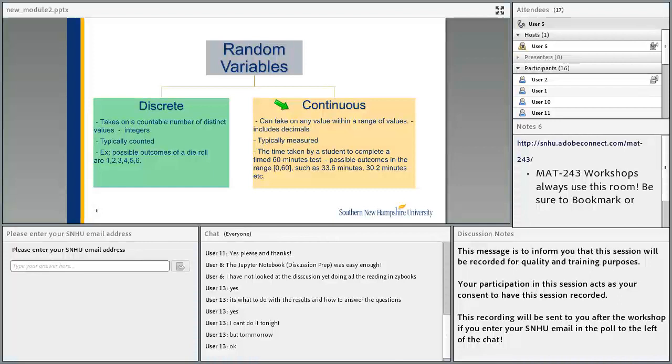So it can be 33.6 or 30.2, it can be any number. So this is something that we are measuring. And it includes decimal values. So that's how you remember continuous random variables. They are usually measured and it includes decimals. For discrete random variables, they are usually counted and they are integers.